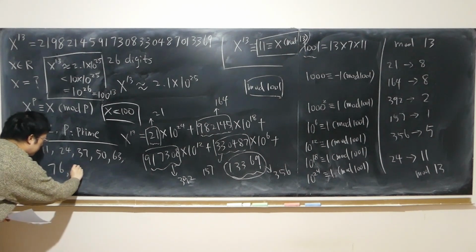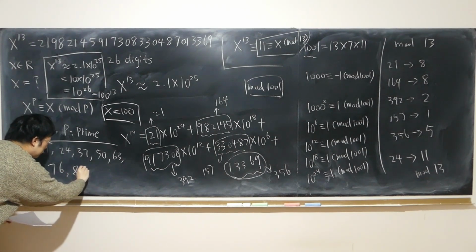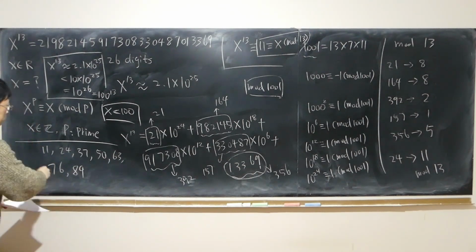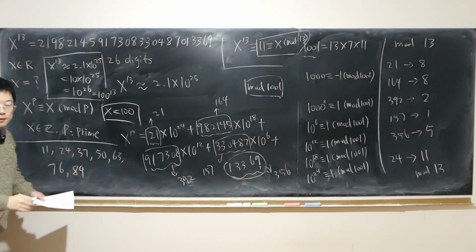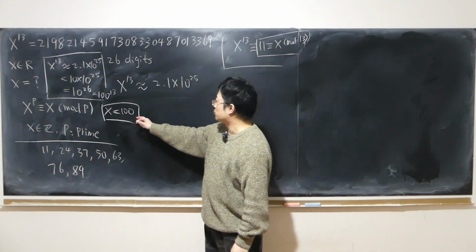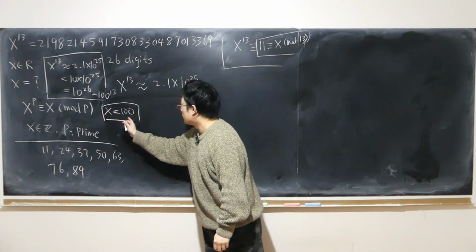Plus 13, 89. Plus 13, exceeding 100. So these are all the possibilities, because x is restricted between 0 and 100.